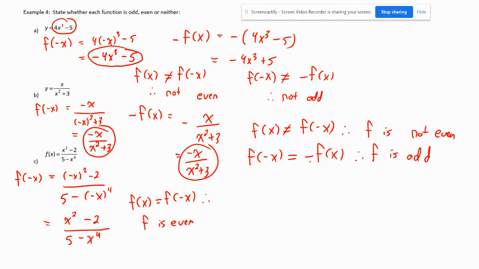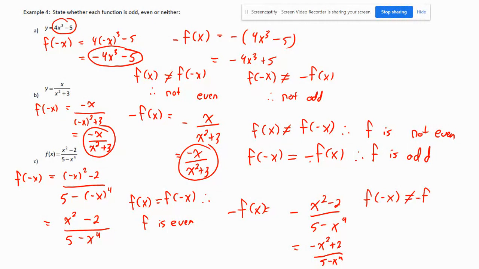If we do negative f of x, we get a negative out in front, x squared minus 2 over 5 minus x to the 4th, which is like negative x squared plus 2 over 5 minus x to the 4th. And this is not the same thing as f of negative x. So f of negative x does not equal negative f of x. Therefore, f is not odd.